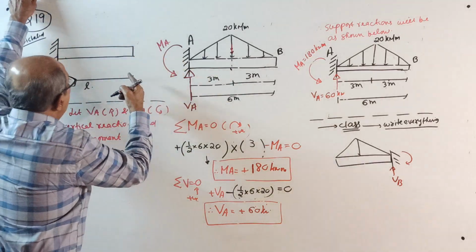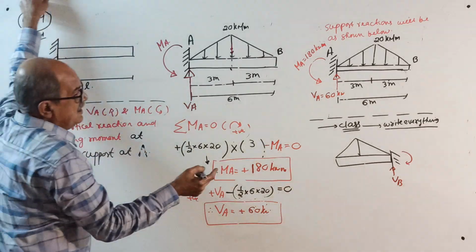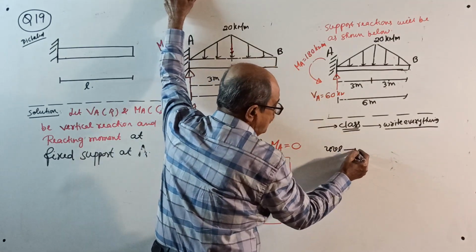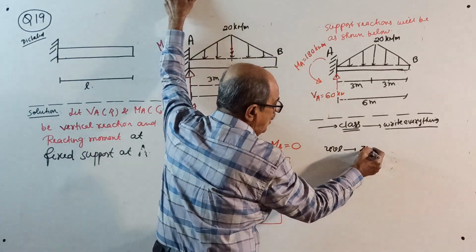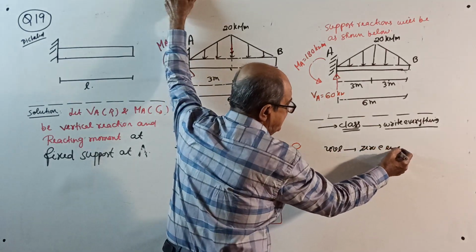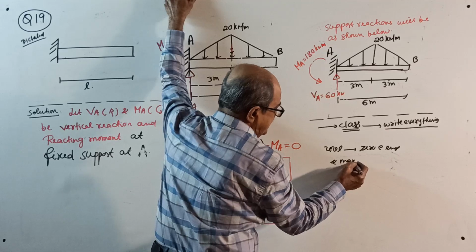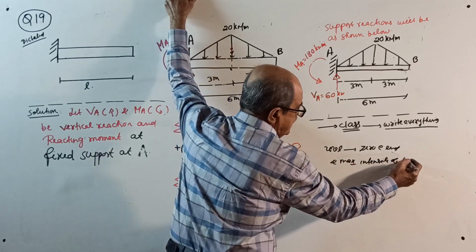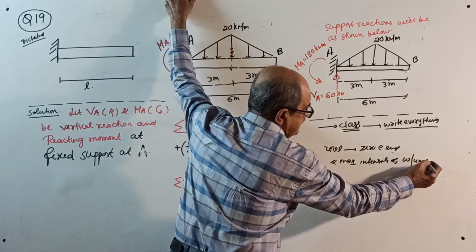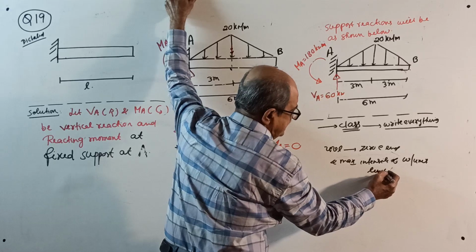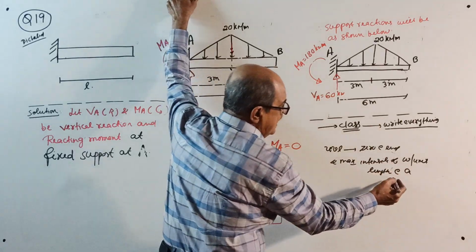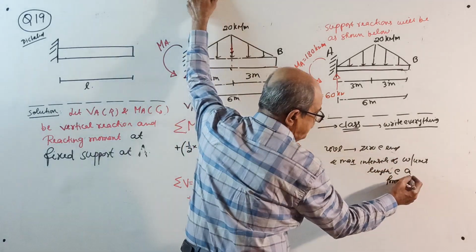I write once again if you want: UVL with intensities 0 at the ends and maximum intensity of W per unit length at a distance of A, some distance A from the fixed end.